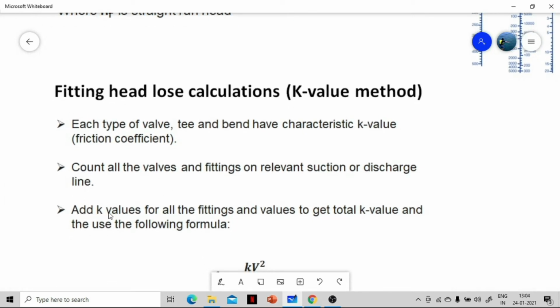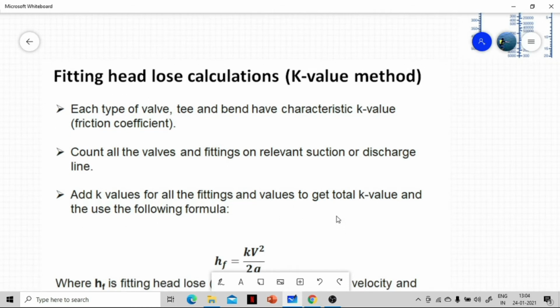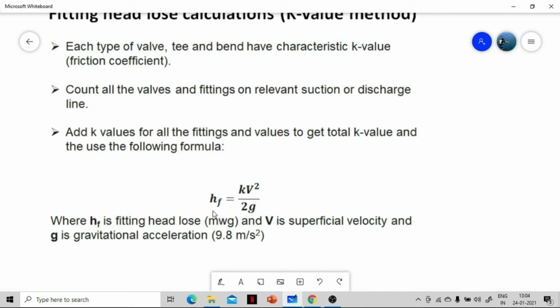After that, add these K values for all the fittings and valves to get the total K value, and use the following formula to find the fitting head loss. The formula is: fitting head loss is equal to the friction coefficient K times the superficial velocity squared of your fluid, divided by twice the gravitational acceleration.